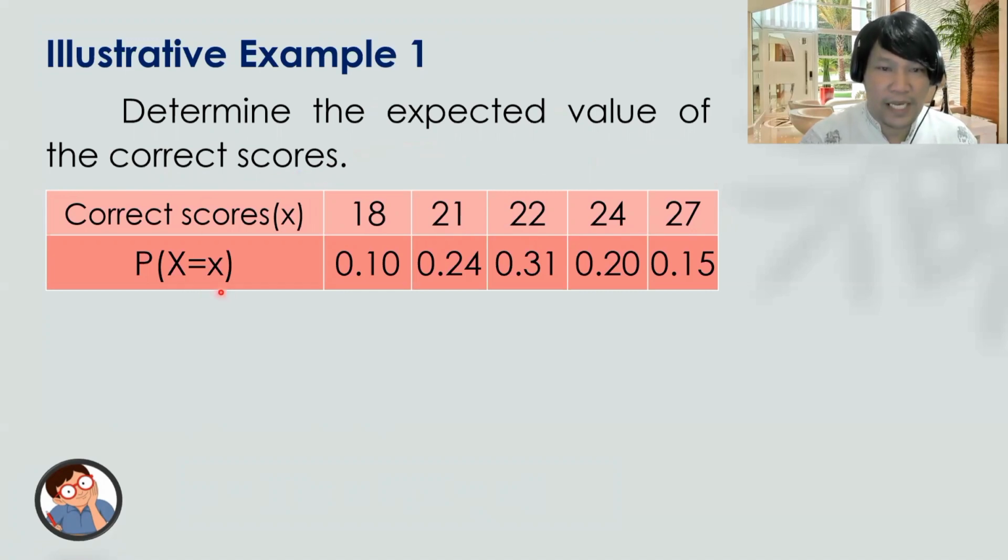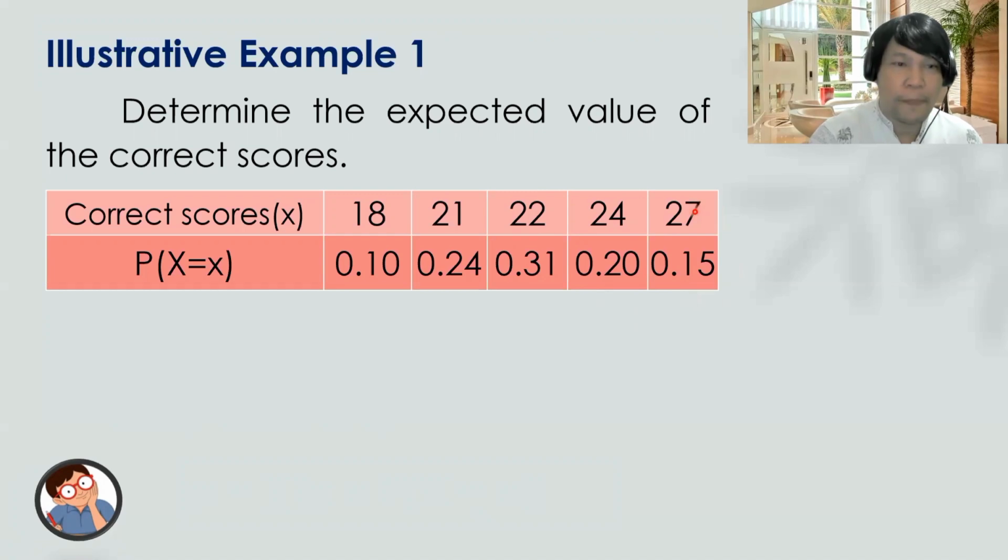And then the probability of each random variable are the following: 0.10 for 18, 0.24 for 21, 0.31 for 22, 0.20 for 24, and 0.15 for 27.